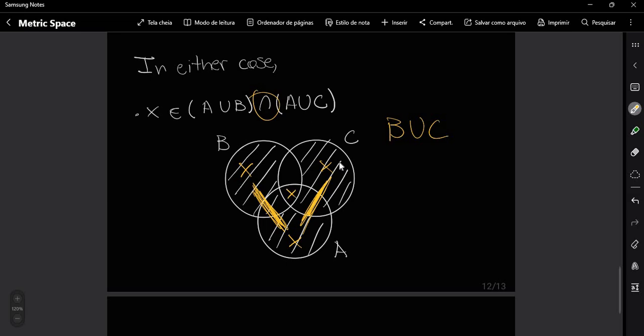So again, we can conclude that x is right here, because it is A in a union with B and A in a union with C, and an intersection between the union of the sets. So right here, I hope you can see this. Hope you can understand what I'm trying to explain to you.